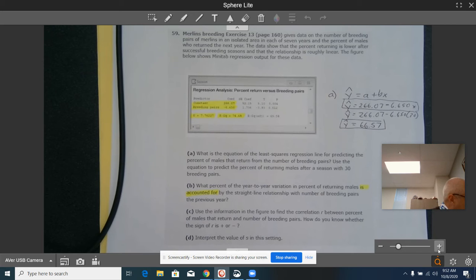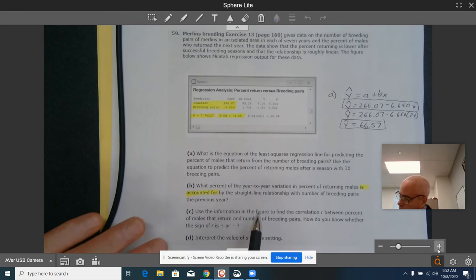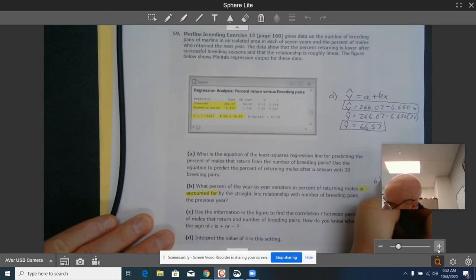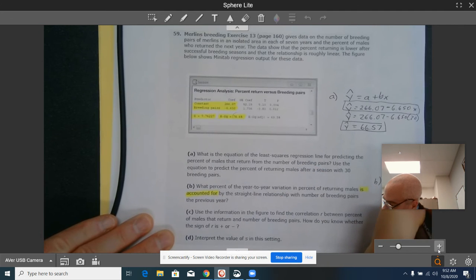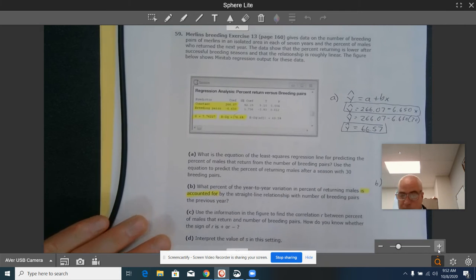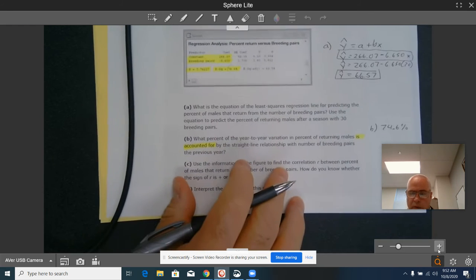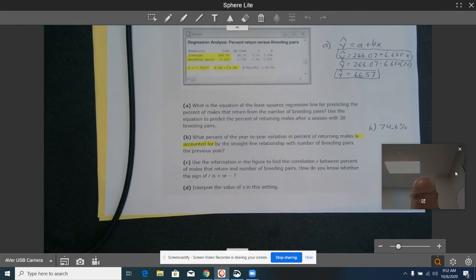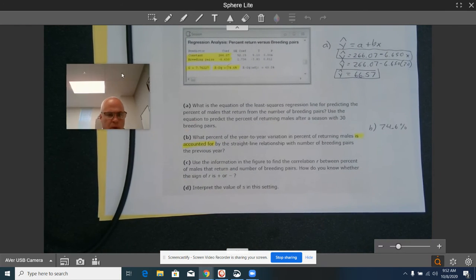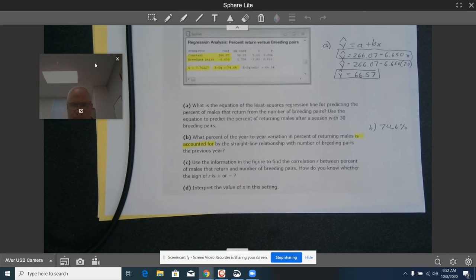If you're not recognizing that, go back and look at the videos for r squared. So what is r squared in part B? It's this number right here, 74.6%. That's the answer. Okay, so that's part B.